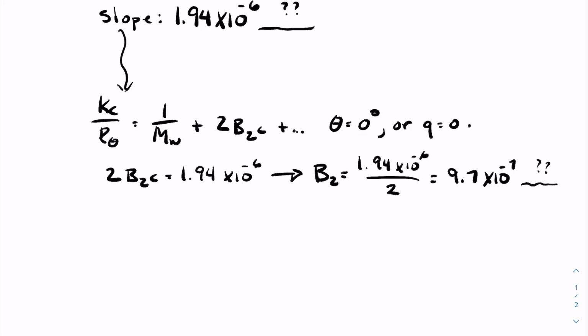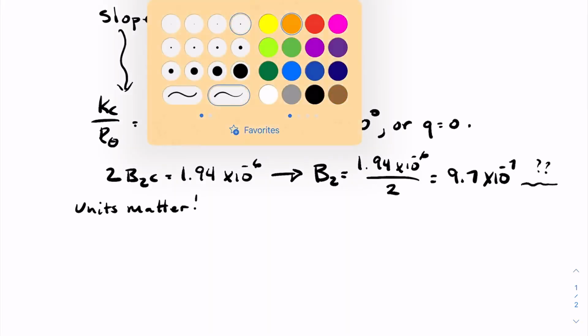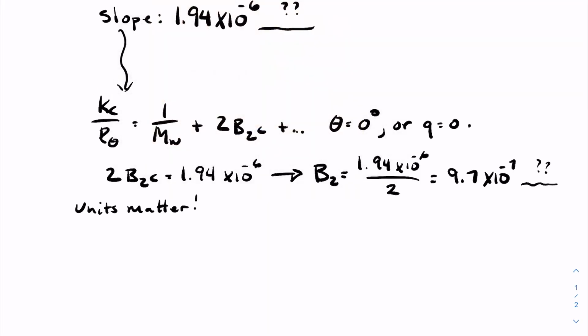So what are the units? The units are very important because there are some second virial coefficients that are renormalized so that they have no units. And this one does have units. And when you use these in theories and when you try to analyze your system, you need to make sure that it's the right units. So Kc divided by R theta has units of moles per gram.